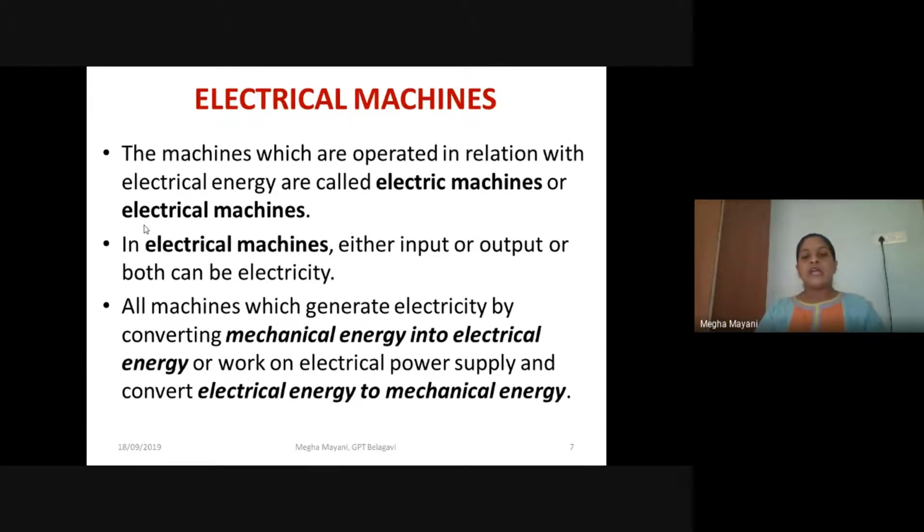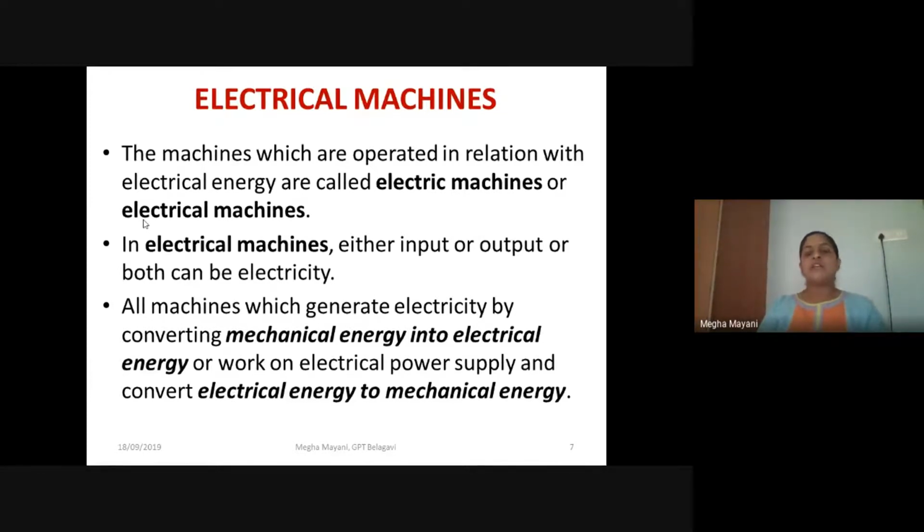So all types of machines either generate electricity by converting mechanical energy into electrical energy, or perform some task by converting electrical energy to mechanical energy. Hence, the definition of an electrical machine is a device which converts mechanical energy to electrical energy or vice versa.